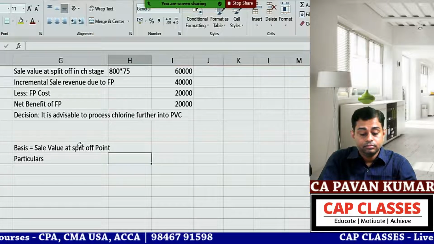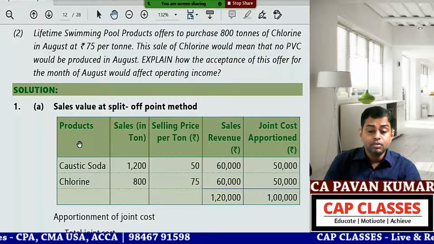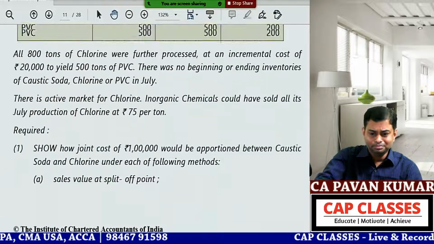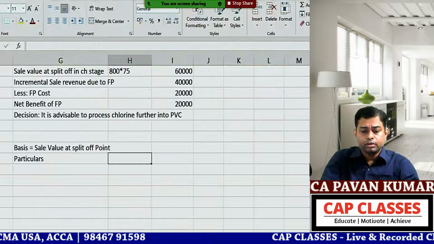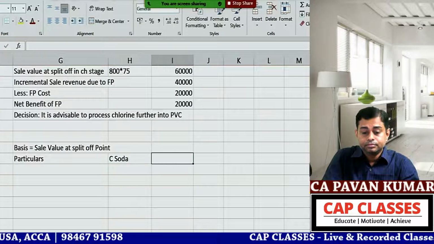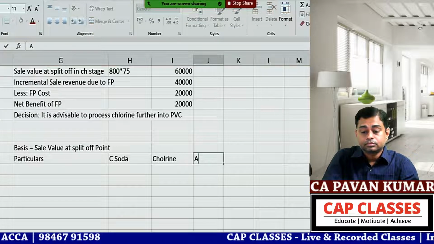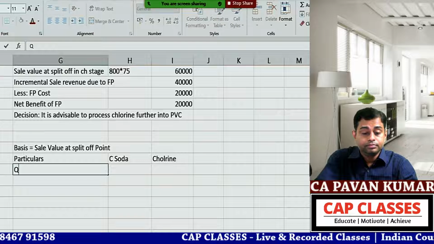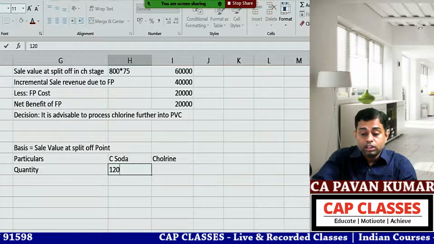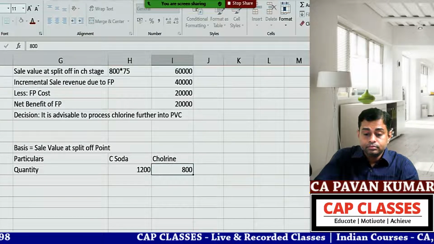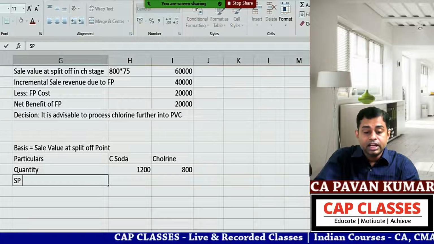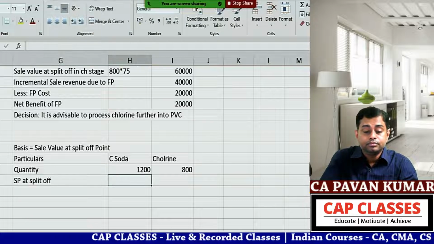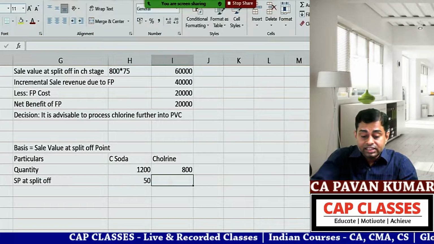Particulars. What are all there? Caustic soda, chlorine. Quantity: 1200, 800. Selling price at split off: this is 50 and this is 75.